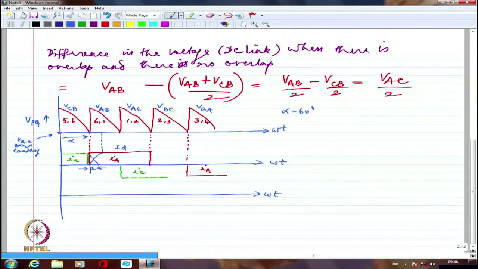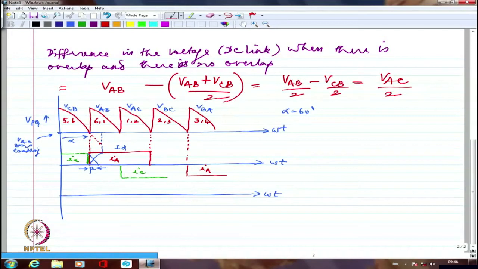That is VCB, whatever I have shown in the dotted line, because I had just drawn VCB before when 5 and 6 were conducting. It is continuing to conduct and it is going to come up until here. But VAB is here. So I have to take the average between these two. So somewhere in the middle I should take, and this is the average.